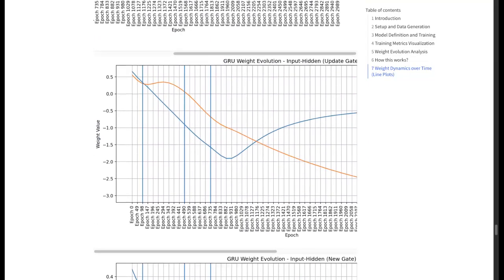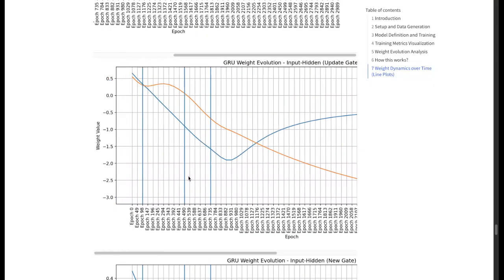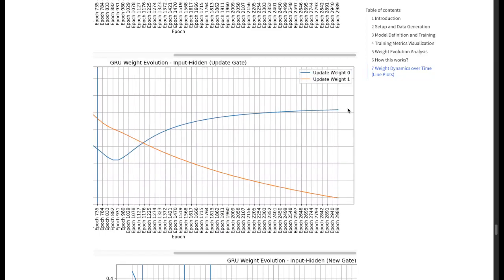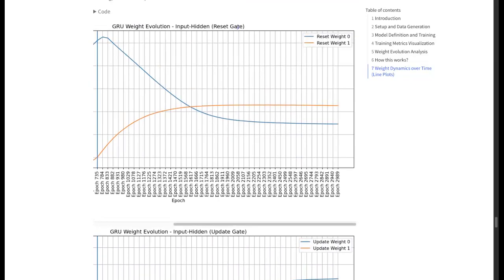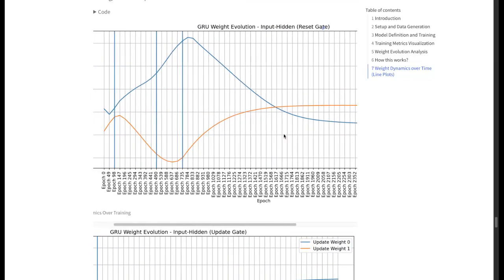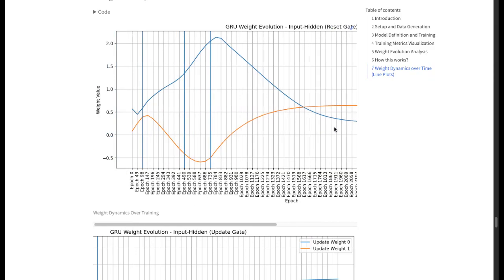We said before that the weight, the update gate, was it? No, it wasn't this one. It was the reset gate, minus 2.5. All right. This says how much should I keep of the new input in the new hidden layer.